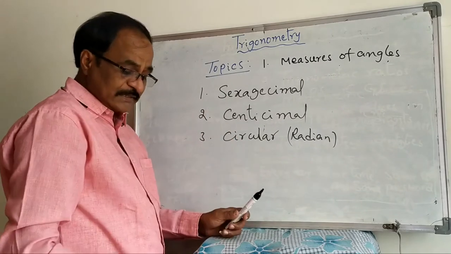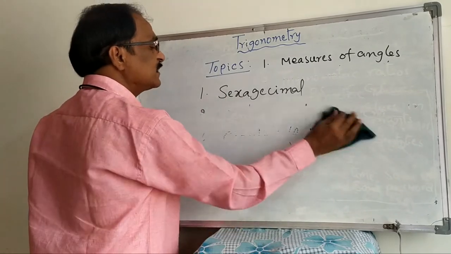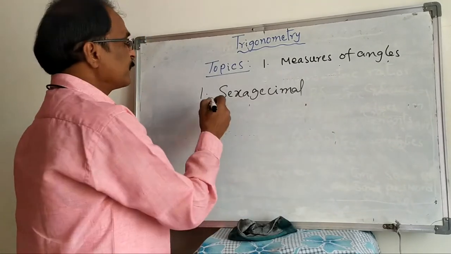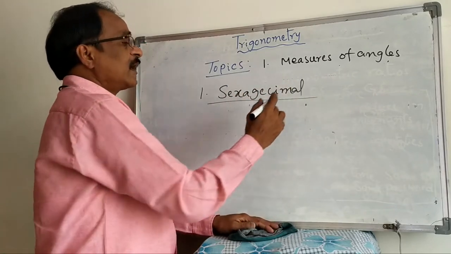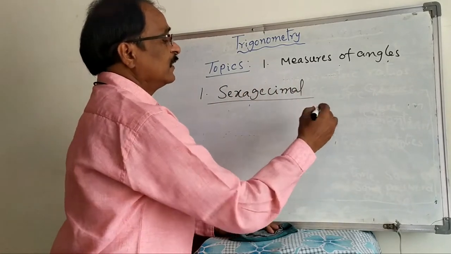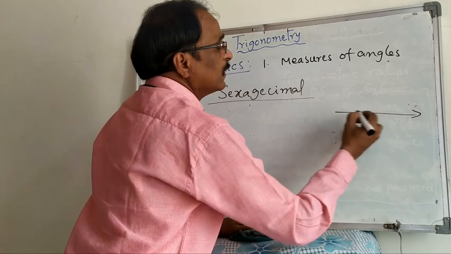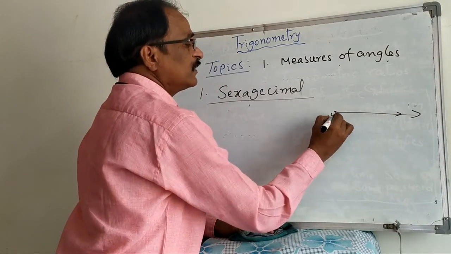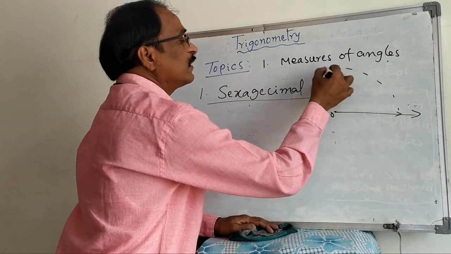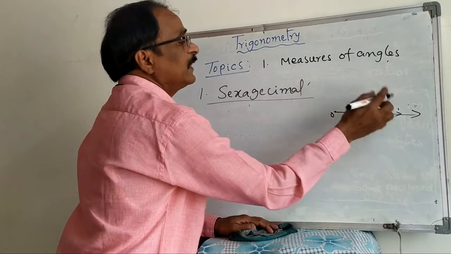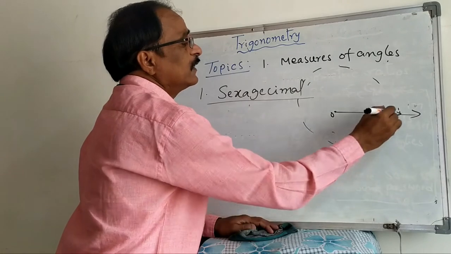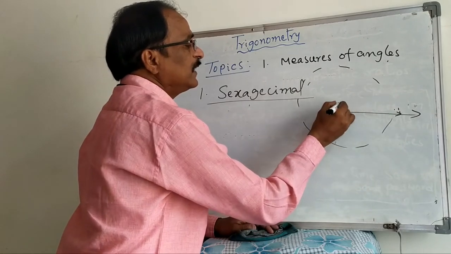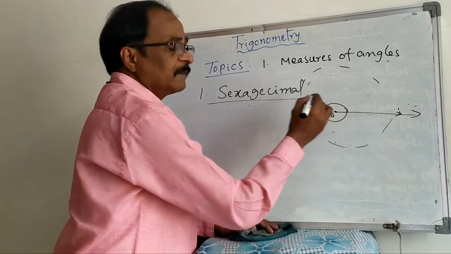Now the sexagesimal measure. In this system, the complete angle is divided. Complete angle means if this is a fixed ray and another ray is rotating about this point, and it completes one complete rotation, it makes one complete angle.